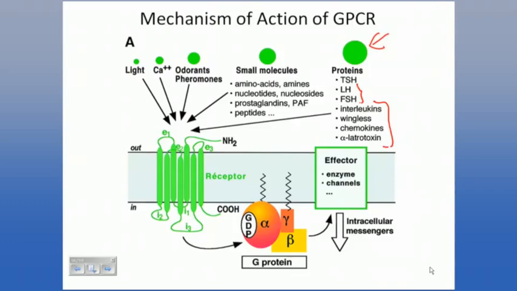And of course, we could insert another arrow here, which would be synthesized molecules to either simulate or replicate the naturally occurring endogenous molecule, or a completely synthetic molecule known to have activity at a particular receptor.